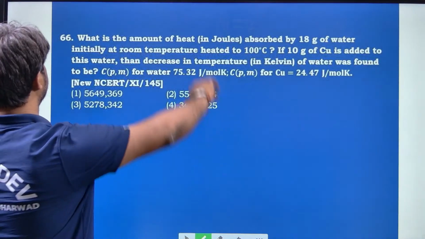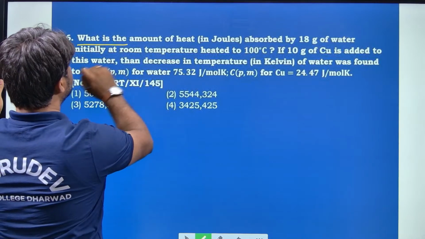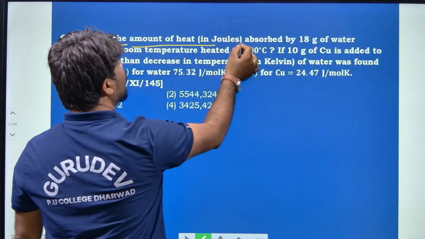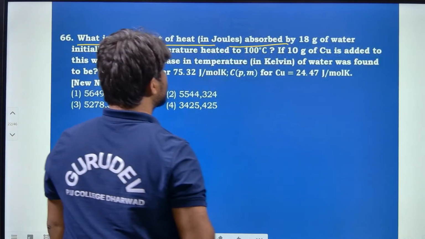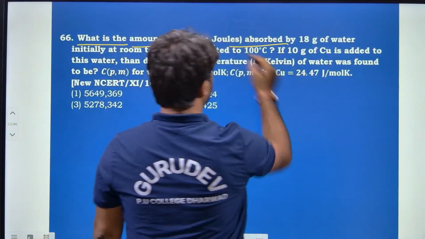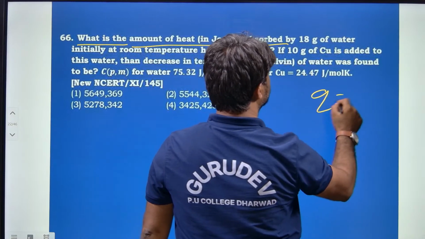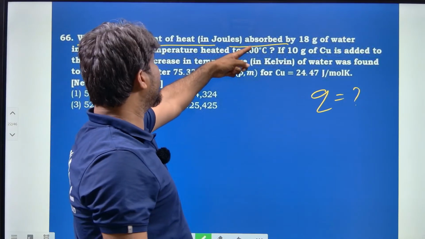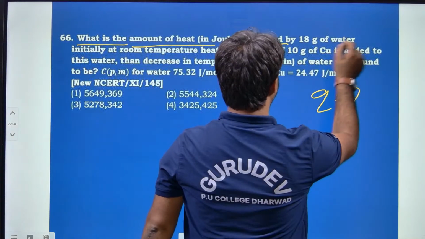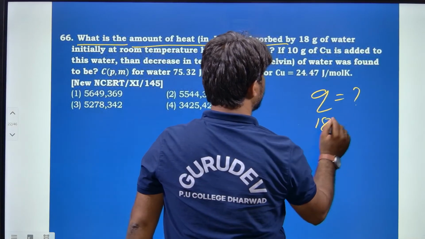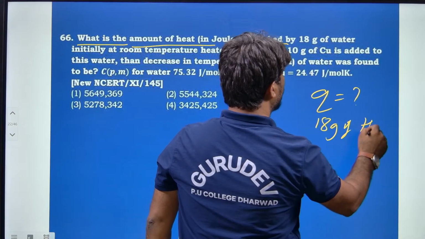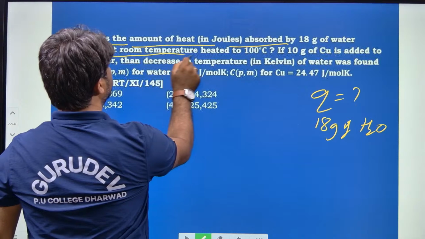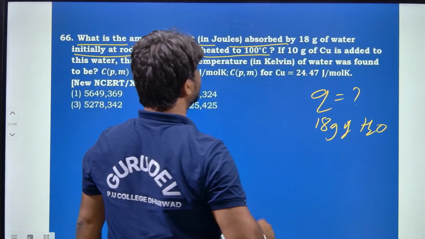Well, go to the next. What is the amount of heat in joules absorbed? They are asking what amount of heat is absorbed, that is Q, how much. What is the amount of heat absorbed by 18 grams of water, initially at room temperature, heated to 100 degrees Celsius?